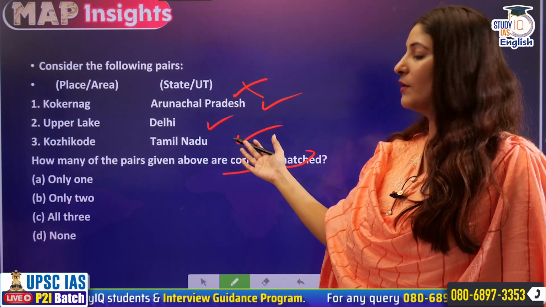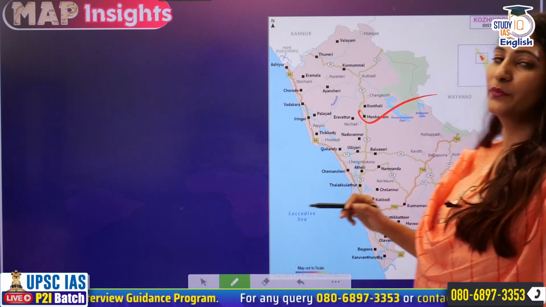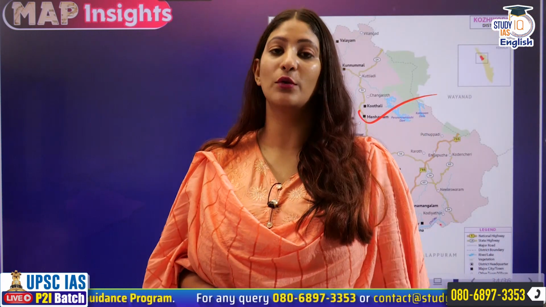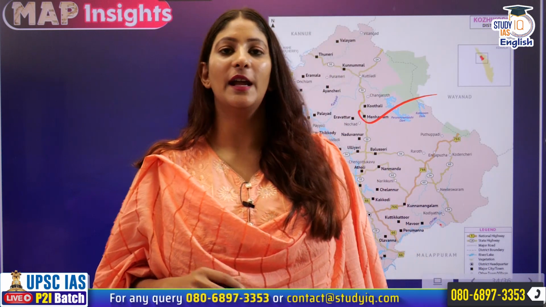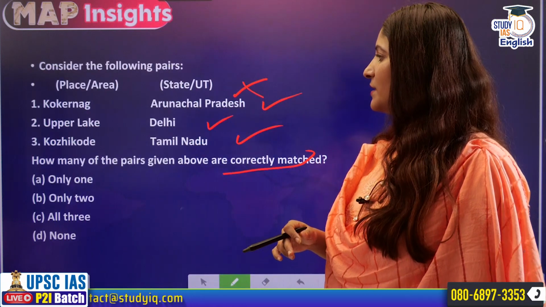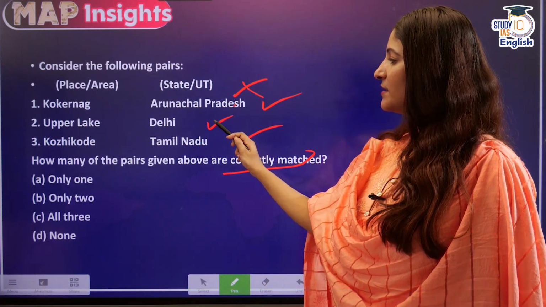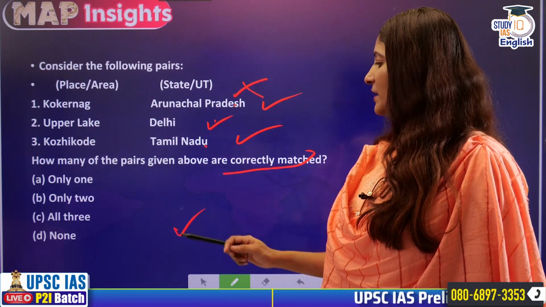Then Kozhikode is in Kerala and not Tamil Nadu. Kerala is witnessing its fourth outbreak of the Nipah virus. I have already told you about the Nipah virus in depth in many of my segments, be it daily current affairs or another analytical perspective, so you can go and watch there as well. First is incorrect, second is incorrect, third also is incorrect. None will be the correct answer.